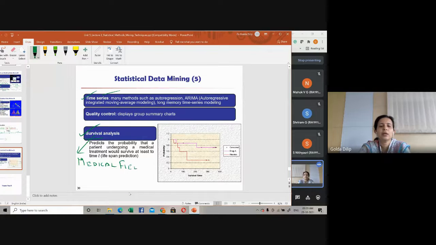It's mentioned here: predicts the probability that a patient undergoing a medical treatment would survive at least to time t, that is lifespan prediction. It's a terminology associated with the medical field, particularly in treatment trials.